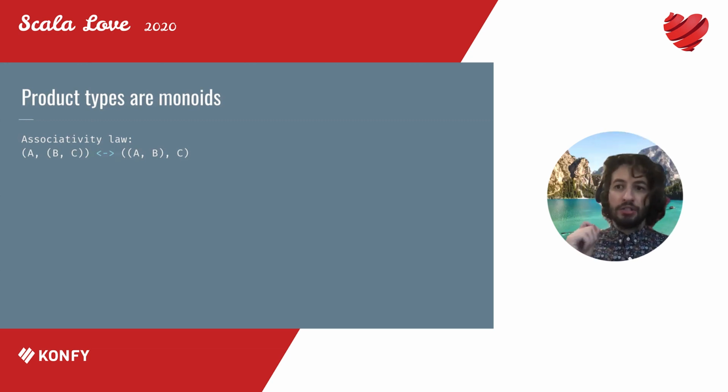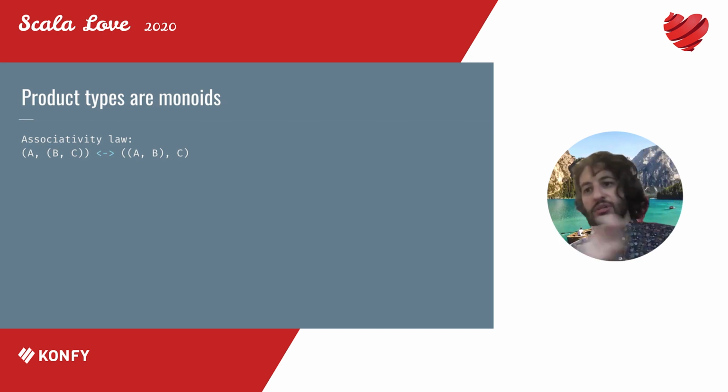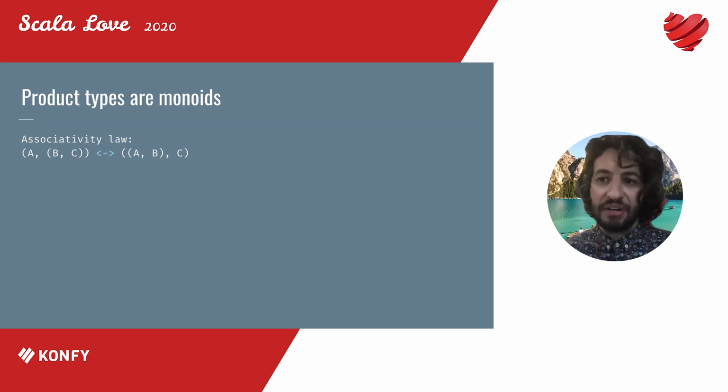because they are associative, right? So A tupled with B and C is equivalent, or isomorphic, to a tuple of A, B, and C. You can see that these things are exactly the same. And by isomorphic, I basically just mean that you can go from one side to the other without losing any information. So you can go there and back, and it will still be the same thing.